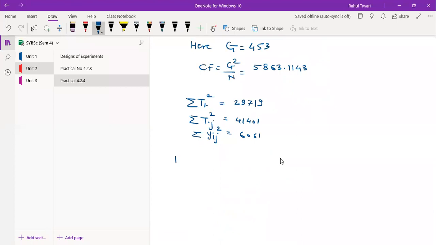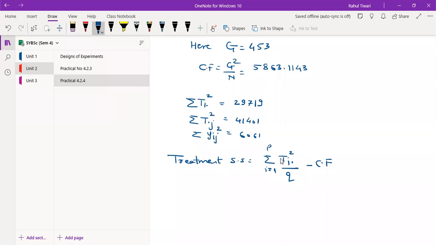And then based on that, you can find the treatment sum of squares, which is the usual formula. I takes values 1 to p, summation Ti dot square over q, minus CF. Whichever is dot, based on that you have to write the parameter in the denominator. So don't get confused between whether it is divided by p or divided by q.